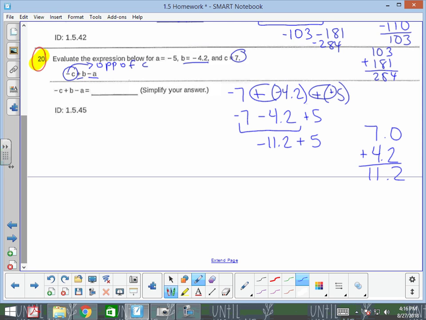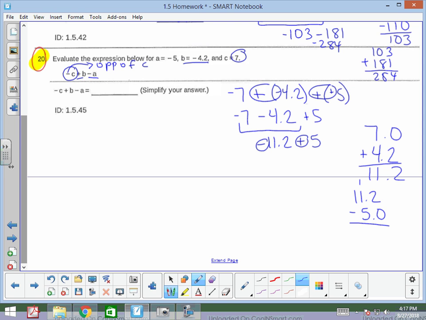So now we have different signs, so I'm going to subtract the numbers. And again, notice the 5 is in the ones place, so I line the 5 underneath the 1 here, and I'm going to subtract. So 11 minus 5 is 6. And take the sign of the bigger number. So anytime you subtract, remember, take the sign of the bigger number. So this is negative 6.2. All right, so that's the end of our notes for section 1.5.